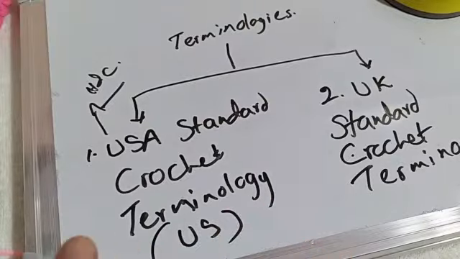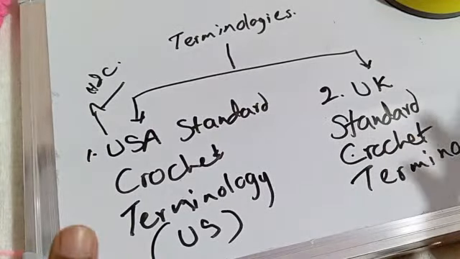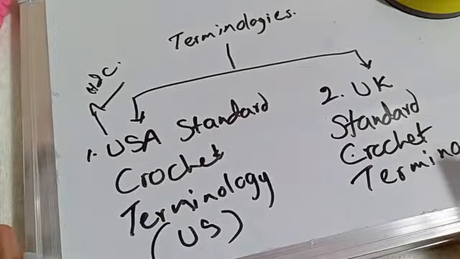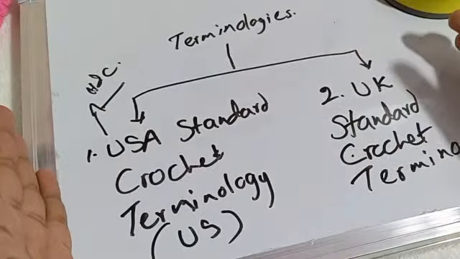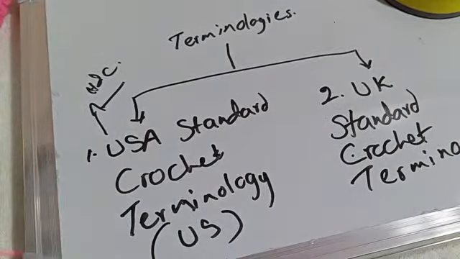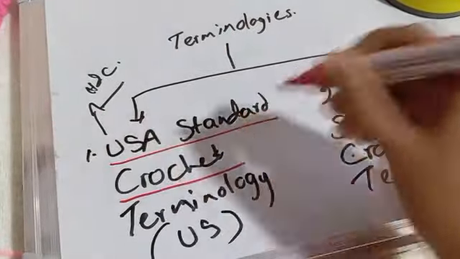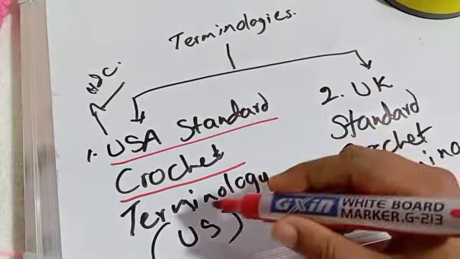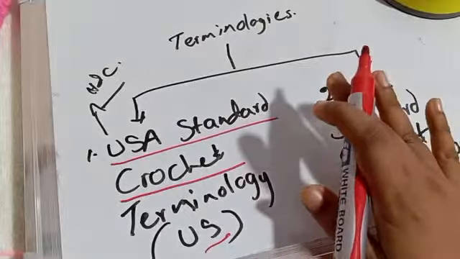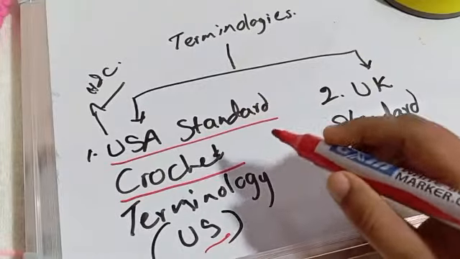You have to keep in mind that there are two methods of naming crochet stitches. One is USA standard crochet terminology and one is UK standard crochet terminology. We are going to study USA crochet terminology during this course. All stitches I am teaching you are based on USA or US standard crochet terminology. Therefore, you are going to become familiar with US standard crochet terminology.